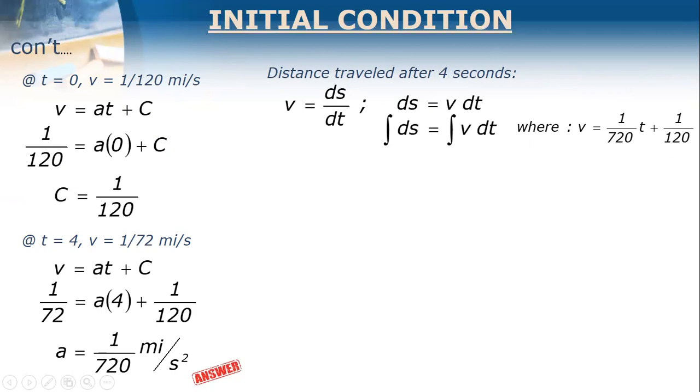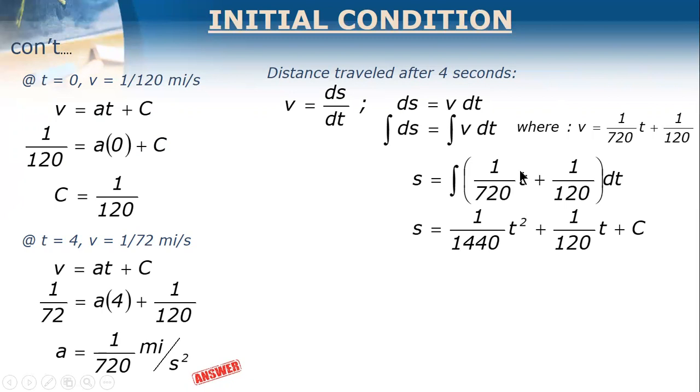So we will substitute this expression of v in the integral. So s is the integral of this one dt. And use the power rule. t squared over 2. 720 times 2 is 1440. And then t over 120, plus c.